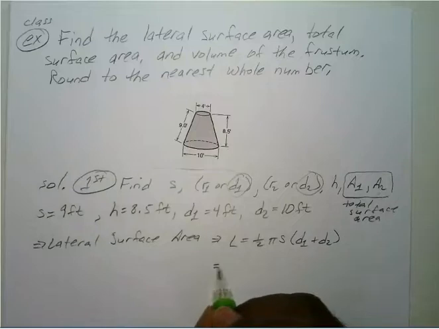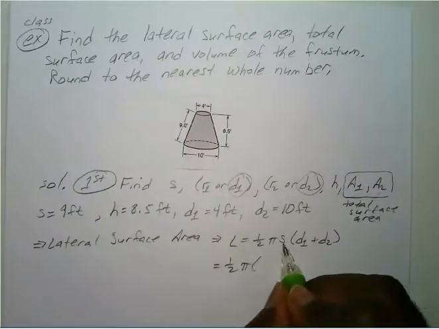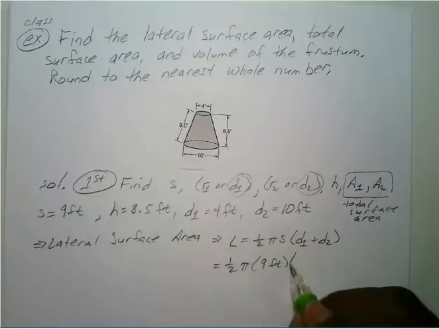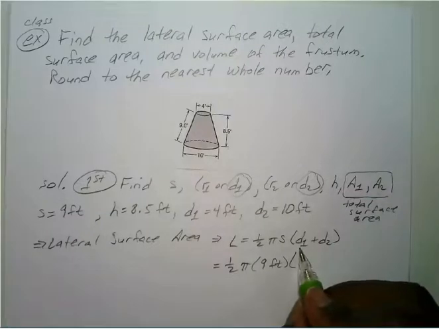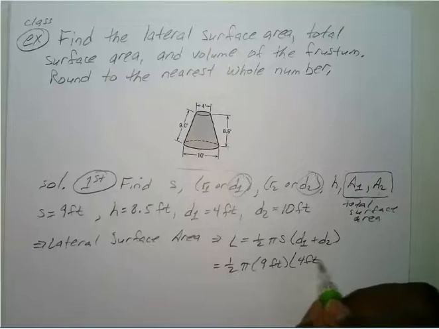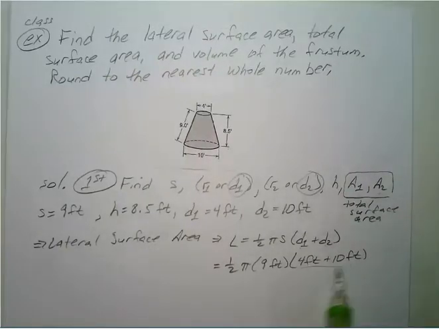So that's going to equal 1/2 times pi times our slant height, which you know is 9 feet, times our upper diameter plus our lower diameter. So it's 4 feet plus 10 feet. Okay, so we have to simplify what's in here first.